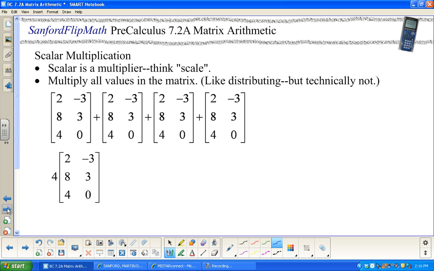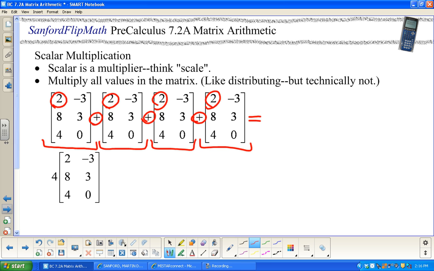Okay, let's do one more that's fairly intuitive, and then we'll do some combinations. Okay, now what I want you to notice is this, all 4 of these matrices are the same. So if we were going to add them, we would do 2 plus 2 plus 2 plus 2. Well, 2 plus 2 plus 2 plus 2 is 8.